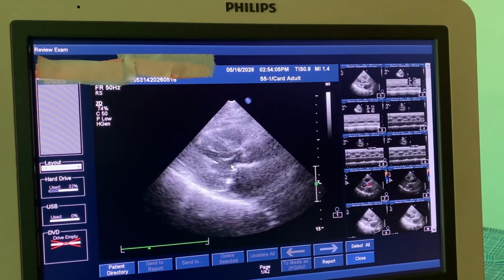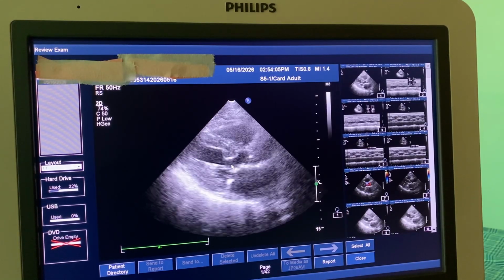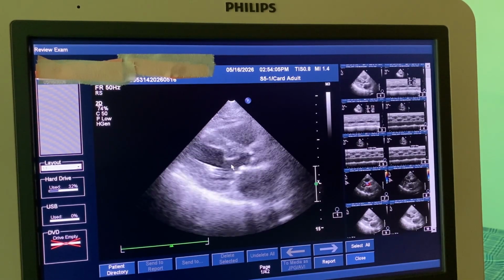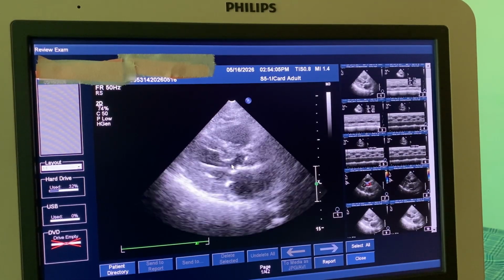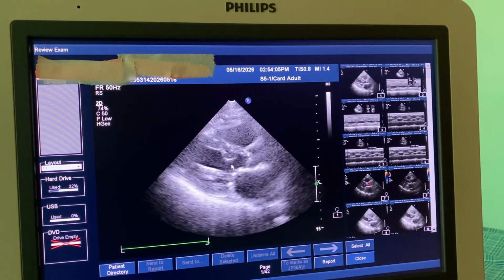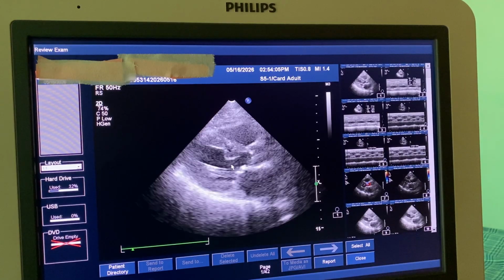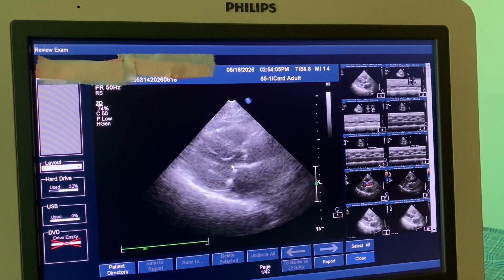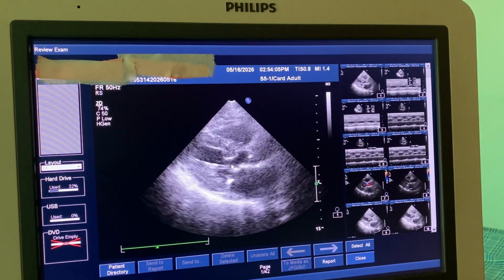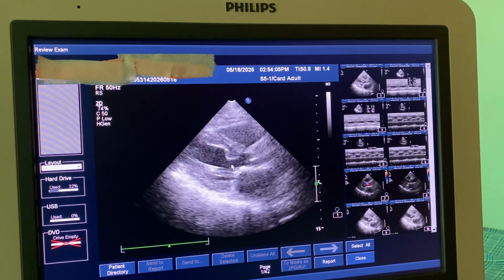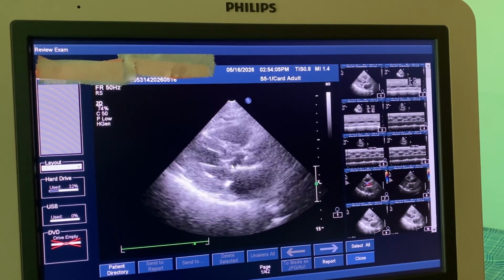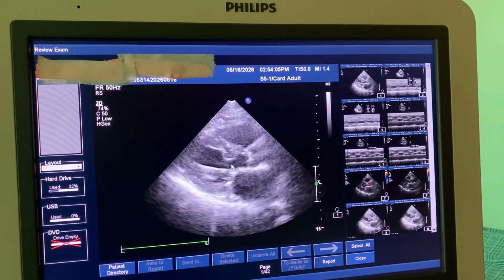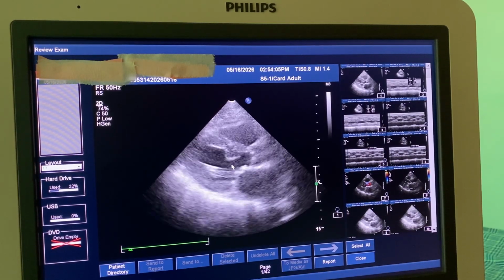That is the systolic pressure in the aorta. So with those two pressure overload pathologies, we expect to find hypertrophy. Hypertrophy is of two types: eccentric and concentric.